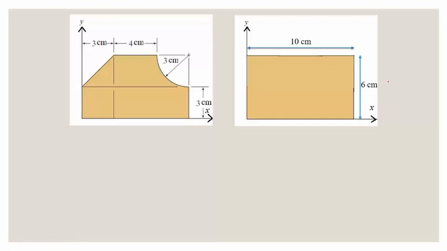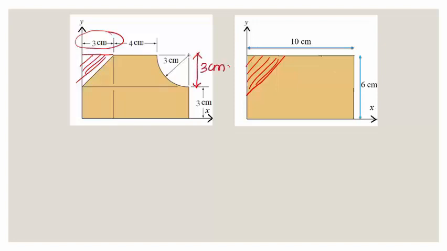For that I am going to consider this section. So this triangular section has to be subtracted from the rectangular portion while calculating the centroid. The length of this triangle along the x-axis is given as 3 centimeter and the length of this triangle along the y-axis is 3 centimeter.